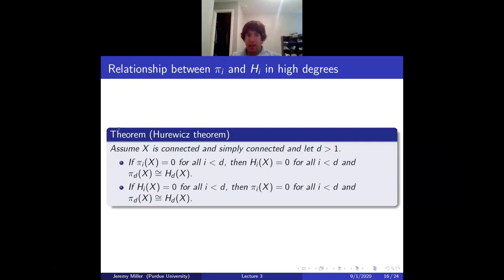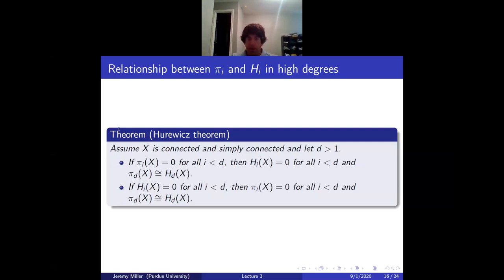So this is saying that, as a first approximation, the vanishing range is the same, and the first time they're non-zero, the two groups are the same.